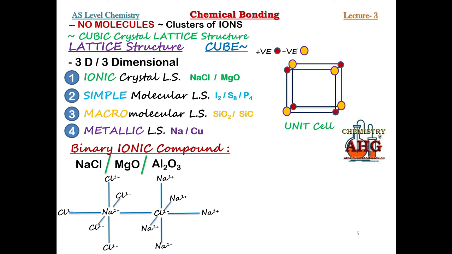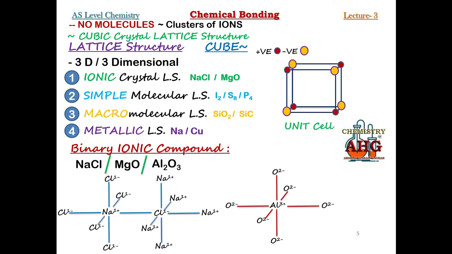Okay students, now if you have sketched, I can show you the lattice structure of aluminum oxide. Likewise you can sketch for magnesium oxide. You will place an aluminum ion, Al3+, right side, left side, up, down, back, front. Now you will place which ion at the end of all these lines? Oxide ions. Now you can see one aluminum is surrounded by 6 oxide ions.